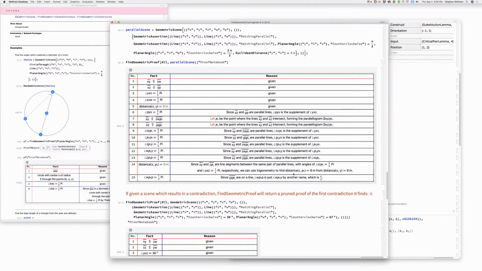Basically things that are coordinate invariant. Or if coordinates are supplied in the geometric scene, then it will just use those coordinates.